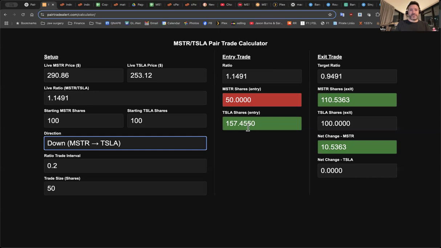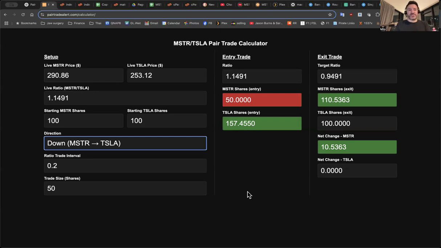Is that right? Yeah, because we think it's going down the ratio, which means Tesla's going to go up. So we want to have more Tesla shares. And then we wait for the ratio to go down, i.e. Tesla has become expensive, MicroStrategy is cheap. And then we sell those Tesla shares. We go back to the original position, which is 100 shares, and we gain an extra 10.5 shares of MicroStrategy. And that's our net change here. So yeah, hopefully that makes sense.